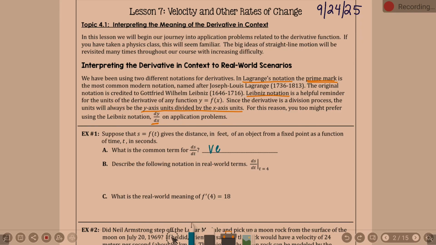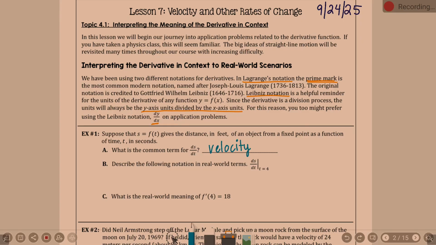So they're trying to get you to think about velocity being the derivative of distance or position, because when we do the derivative, it takes something. So think ds dt, so that's going to be so much distance per time. And that's like velocity, which is meters per second or feet per second.